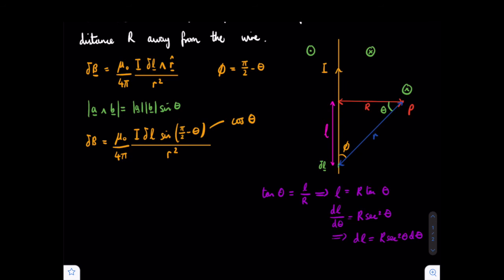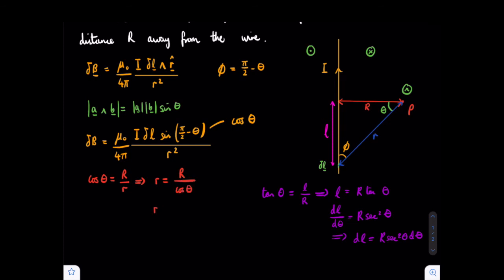Let's consider the cos of the triangle, cos theta. Cos theta will be equal to big R over little r. And that implies that little r equals R over cos theta.